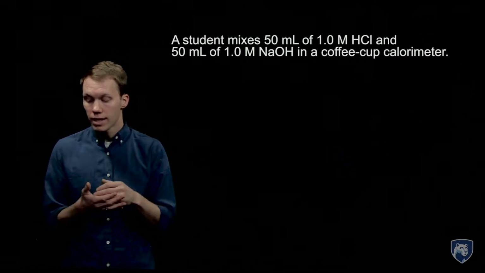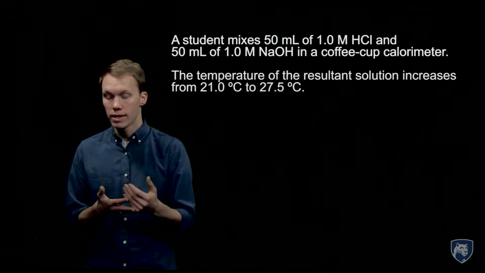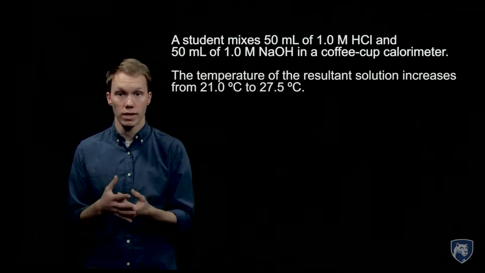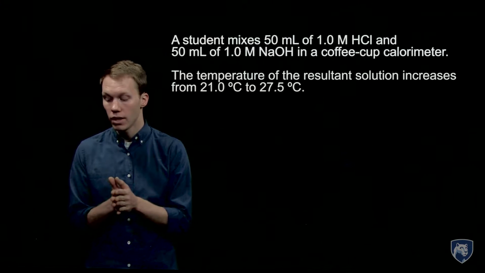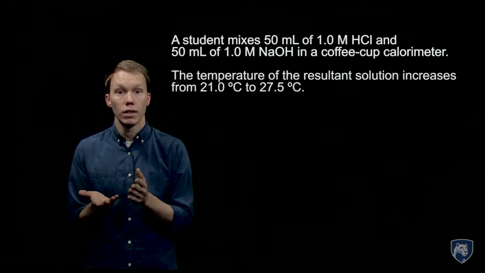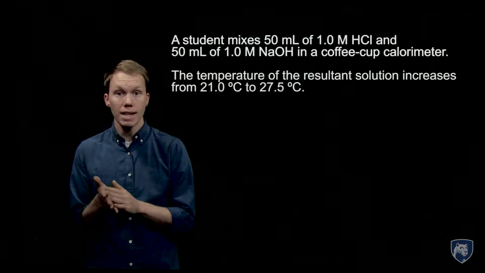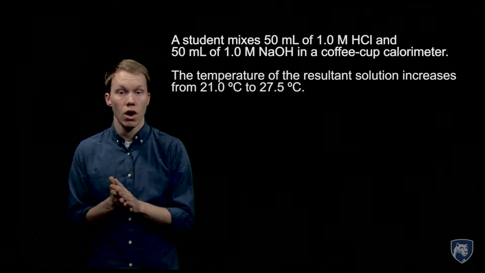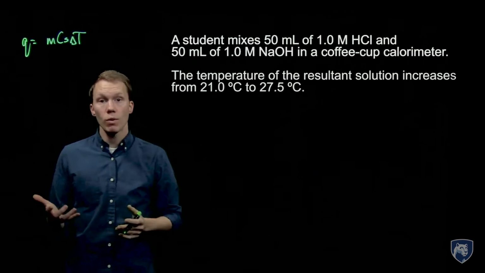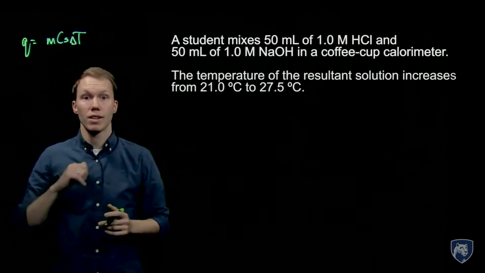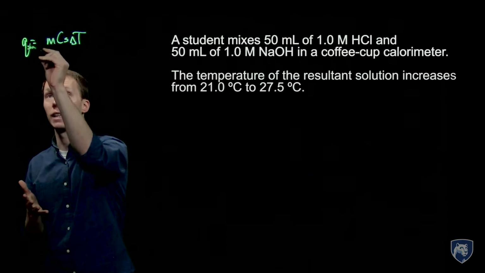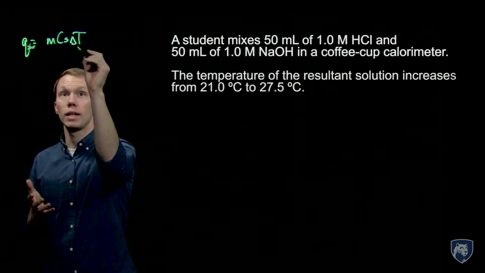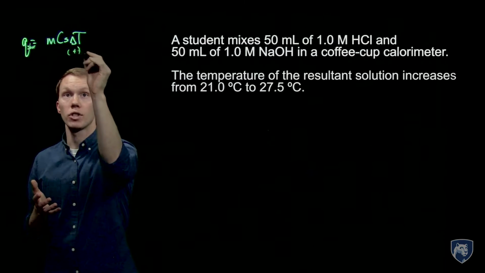The student measured a temperature increase from 21 degrees Celsius to 27.5 degrees Celsius. So can you take a second and predict whether the reaction was exothermic or endothermic, and what statements here are true? From the equation, Q is equal to mCs delta T. If we're measuring the temperature of the water, and that's the surroundings, delta T will be positive because the temperature increased.